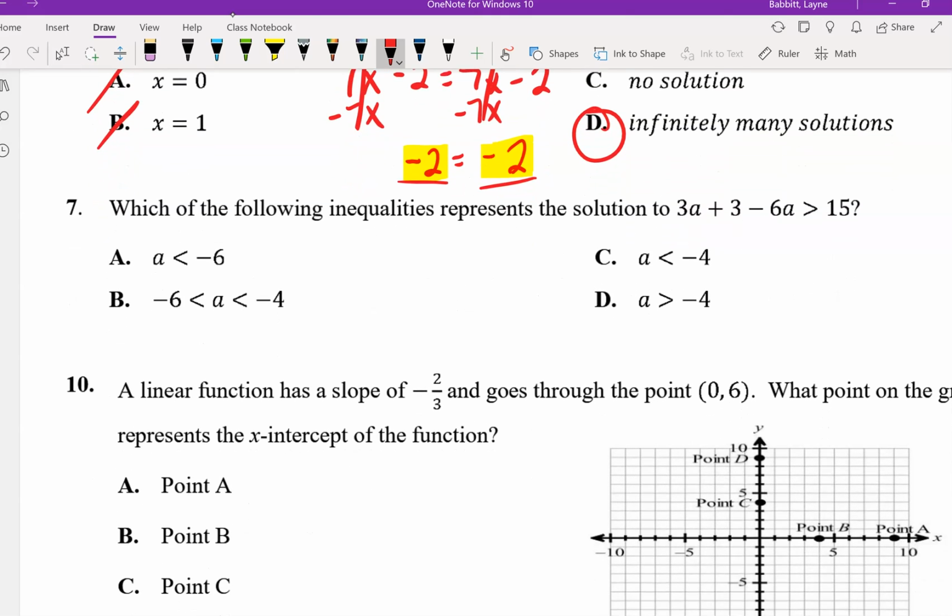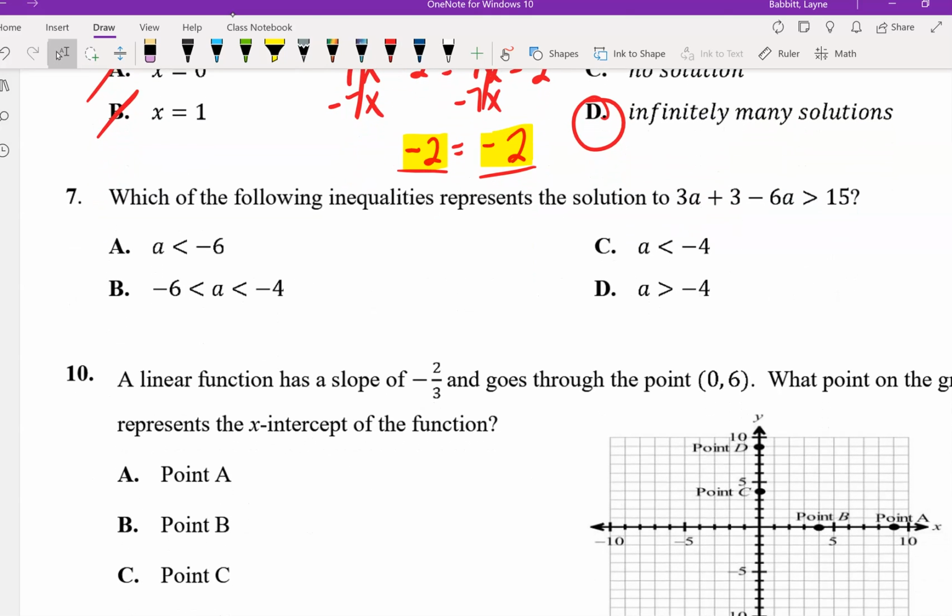Which of the following inequalities represents the solution to that? We're just going to solve again, combining like terms first. 3a minus 6a is going to give me negative 3a. Then we still have this plus 3 greater than 15. We solve this just like we would an equation, except if you multiply or divide by a negative, you flip the sign.